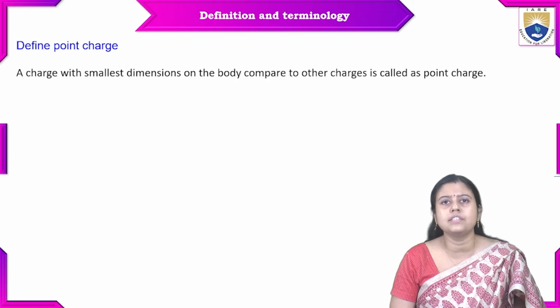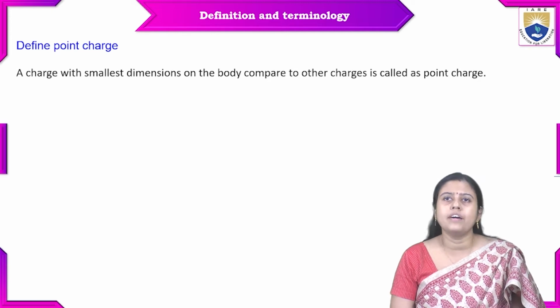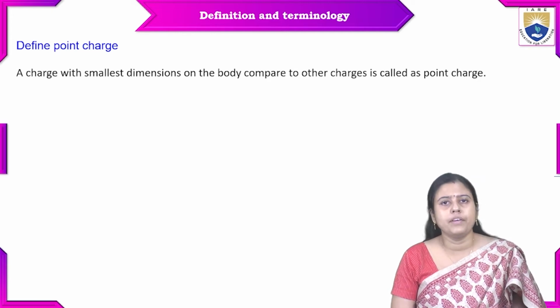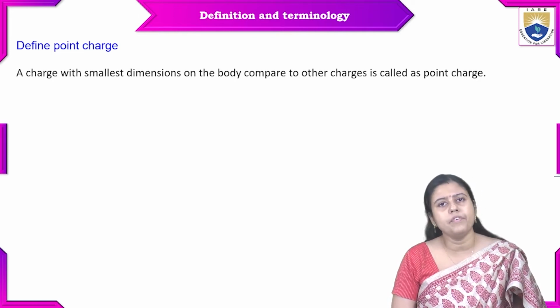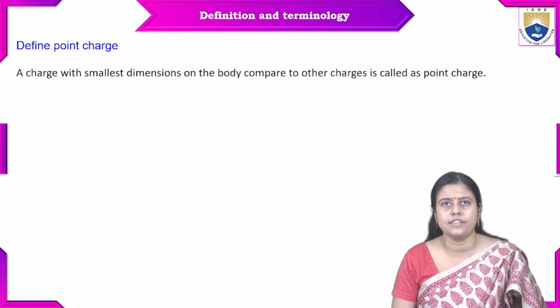Positively charged means the number of electrons is less than the number of protons, and negatively charged means the number of electrons in an atom is greater than the number of protons in the nucleus.